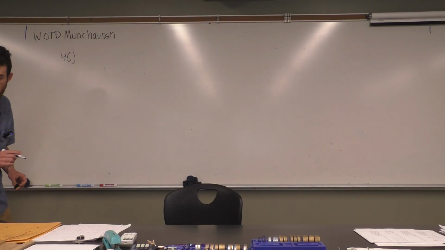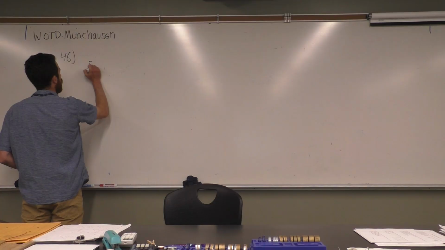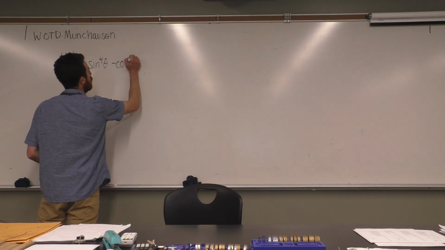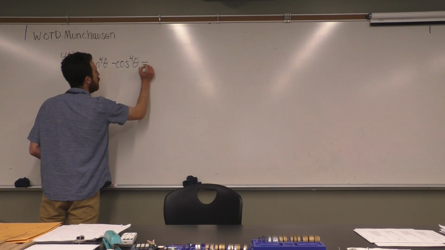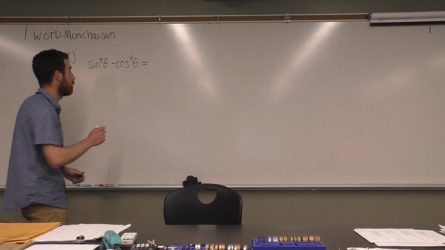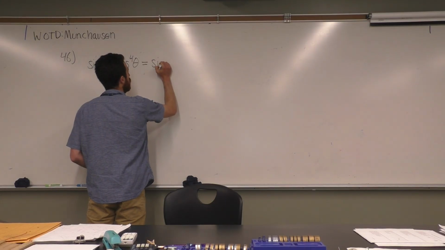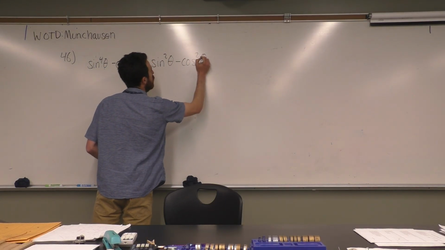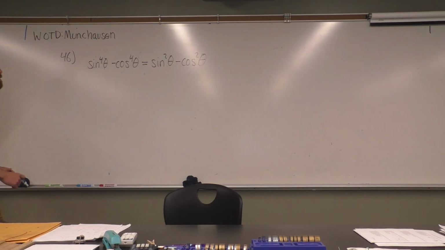Sine to the fourth of theta minus cosine to the fourth of theta equals, and this is going to be sine squared of theta minus cosine squared of theta. That makes sense. Now we start to see why we learned some of the methods of factoring that we did earlier in the year.